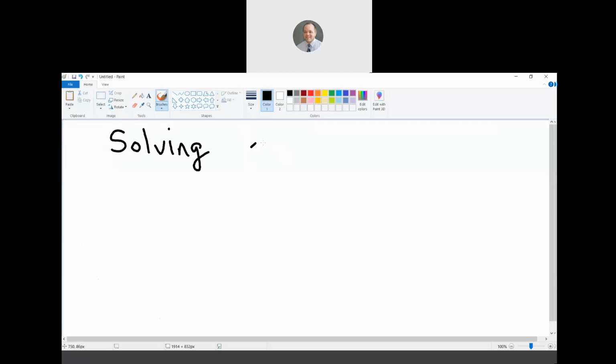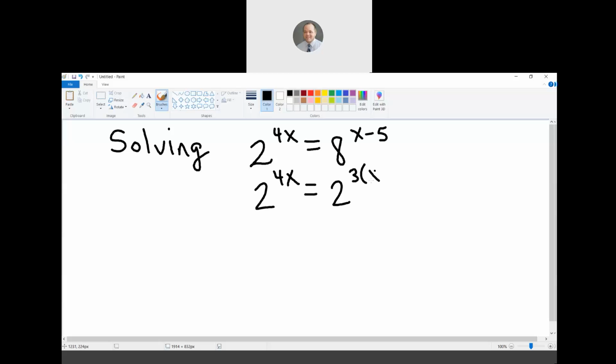For example, we have 2 raised to the 4x power equal to 8 raised to the x minus 5 power. Now, the first step is to try and get both bases to be the same. 8, we can actually rewrite that as 2 to the 3rd power.